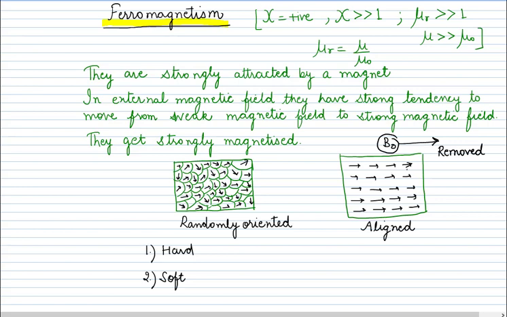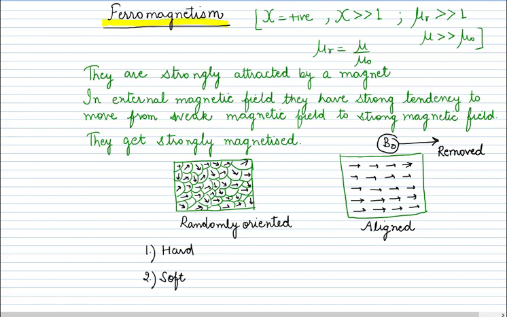After the removal of this magnetic field, there is still magnetization. All those magnetic materials which have magnetization even after the removal of the external magnetic field are known as hard magnetic materials.